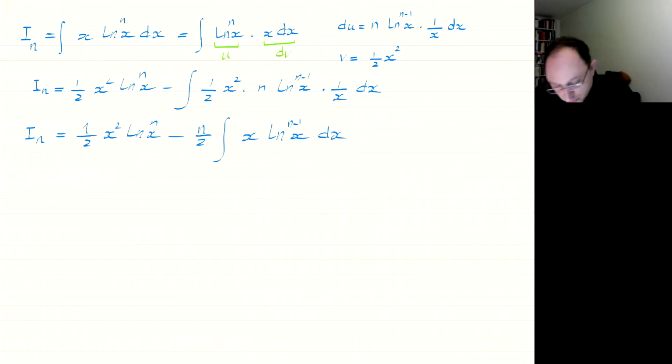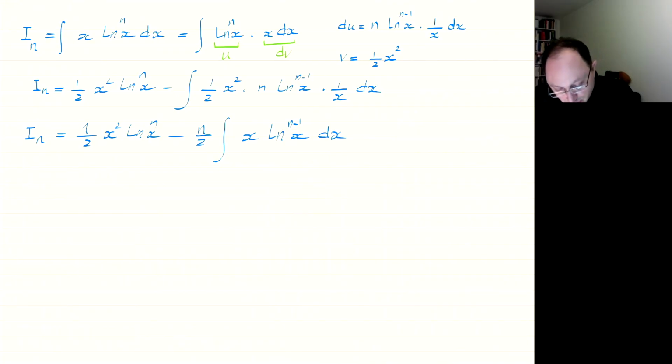Because if I ask you, for example, what is I_3, it means n is 3, then you write 3 here. If I ask you what is I_4, you will have 4 here. So if you compare this integral with that integral, they are exactly identical, except that n minus 1 is substituted for n. So this is nothing except I_(n minus 1).